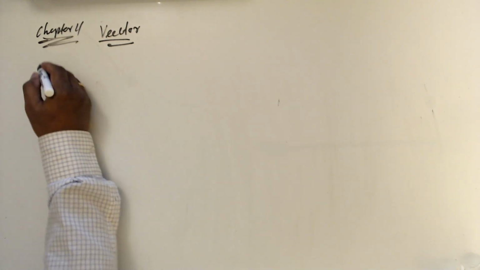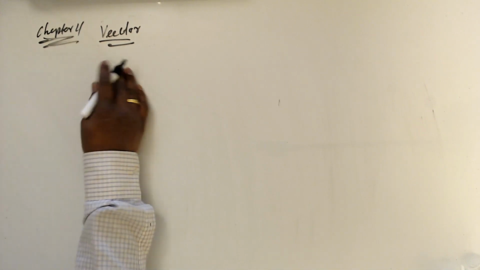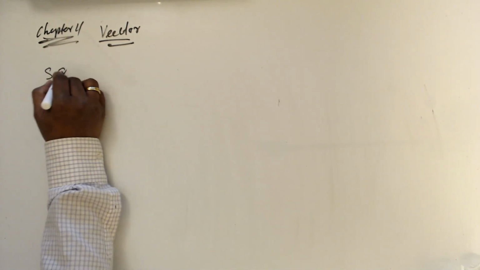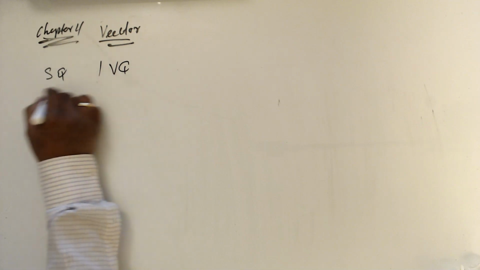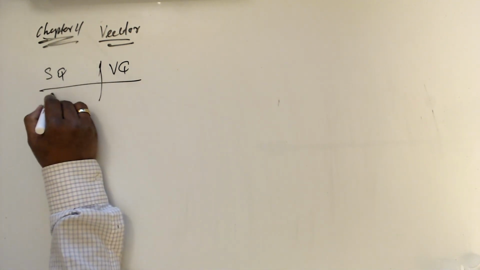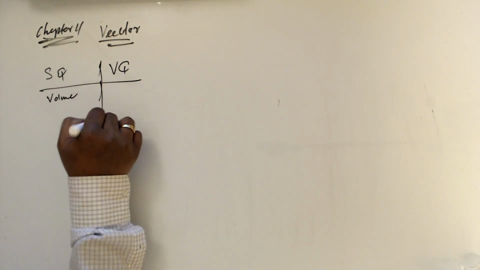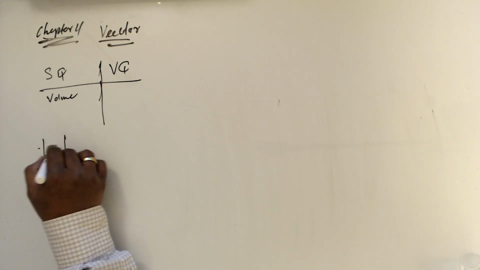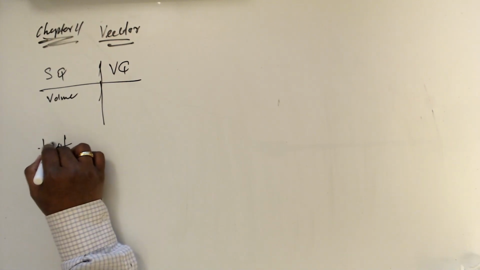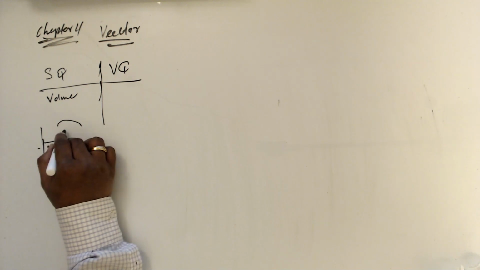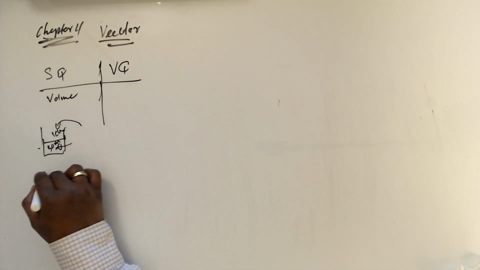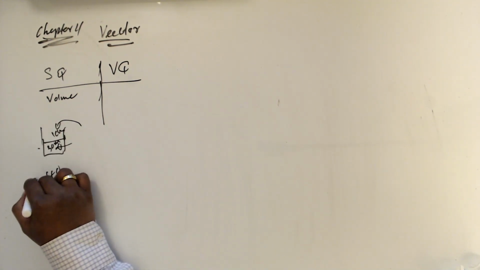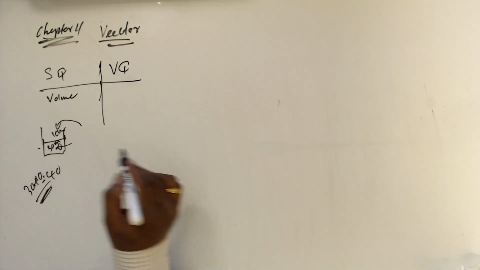Now let's consider scalar quantities and vector quantities. Now volume, as I discussed earlier, I put 30 ml and another 10 ml, so total is 40. 30 plus 10, I can simply add, equal 40.